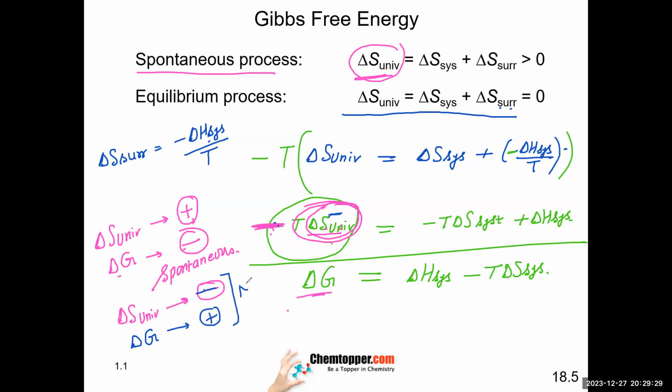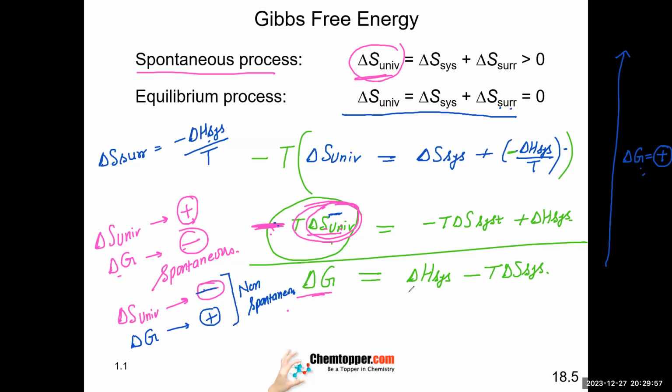It's a non-spontaneous process. Non-spontaneous. A rocket is going up. What is the sign of delta G for this process? Rocket going up. Positive.